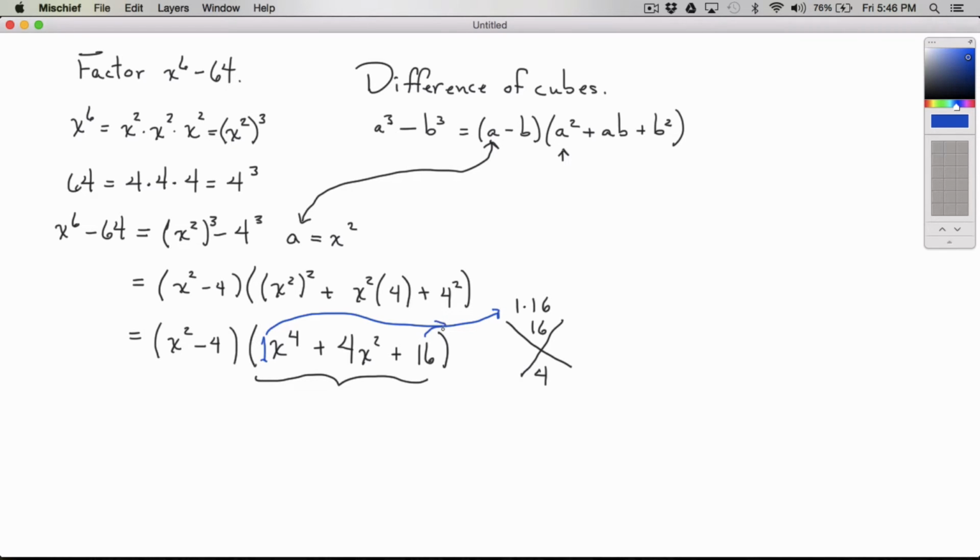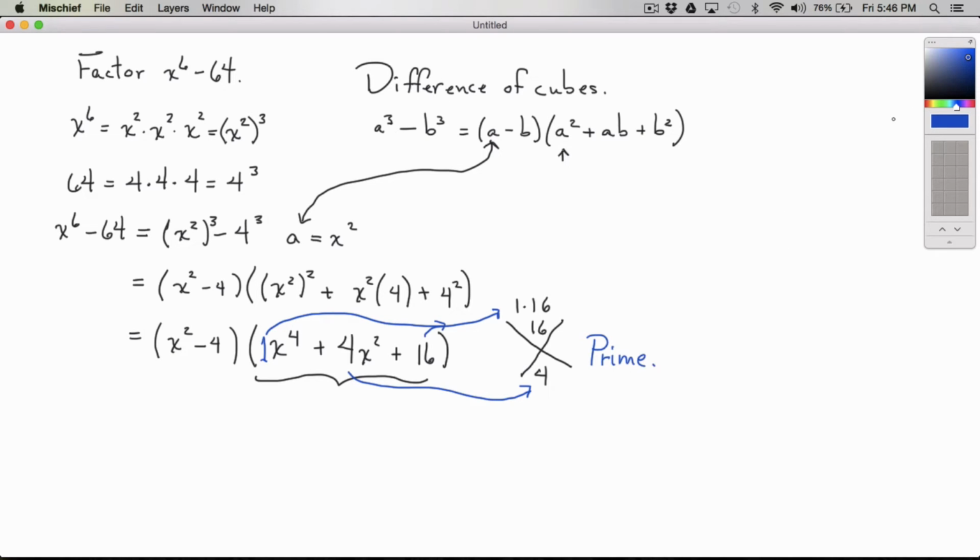So that's where this product is coming from, and this 4 would go here. Now the problem is that there's no two numbers that will both multiply to 16 and add to 4. So because of that, we would have to say that the second factor is prime. So we'll stop there. And usually, when you're factoring a difference of cubes using this pattern, I say that the entire second factor is prime.